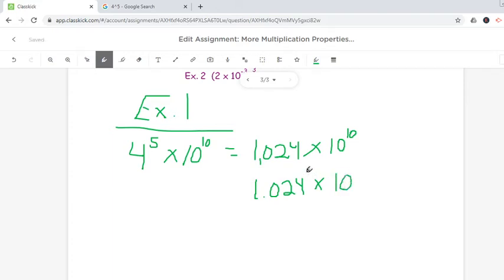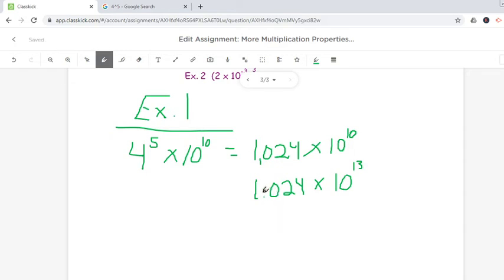So we'll have 10 zeros right here, but we put the decimal 3 places, 1, 2, 3. So that means that we need to add 3 more to this number. So that would be 10 plus 3, 13.